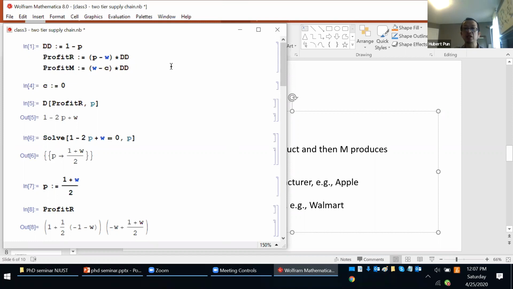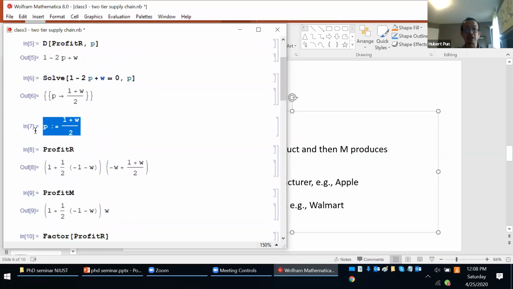Let's look at what the retailer would do. In this line, that would be what the retailer would set as a retail price when the wholesale price equals 1. When the wholesale price equals 1, the retailer would set a retail price equal to (1 plus 1) divided by 2, which equals 1.